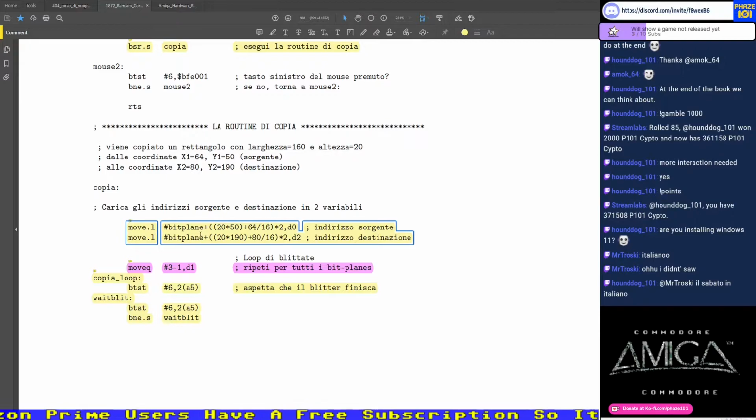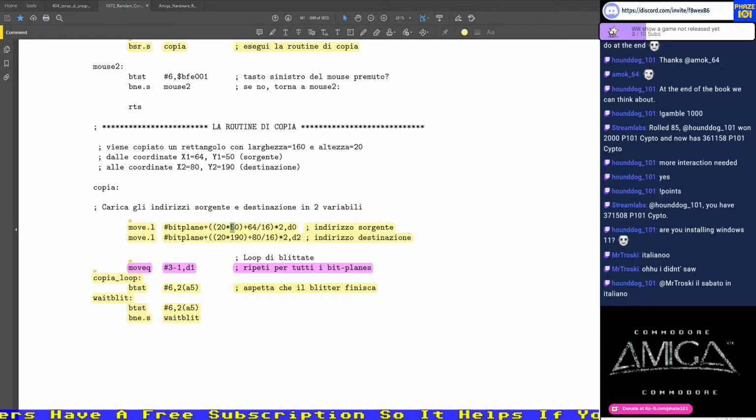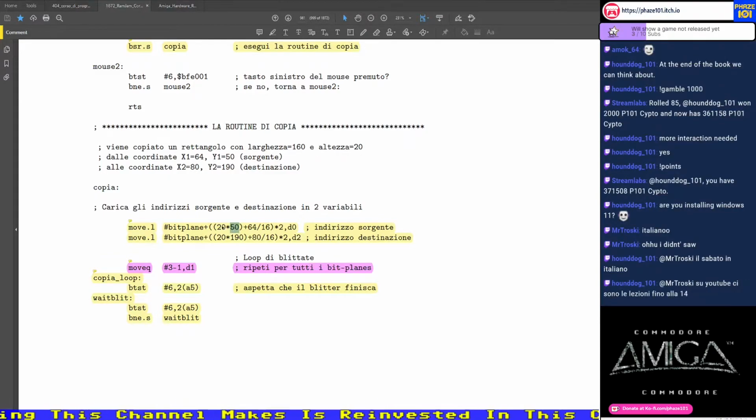What is this formula, you say? So the 50 is the number of lines we need to go down to get where the Commodore logo starts. We multiply that by 20 to know where line 50 starts.